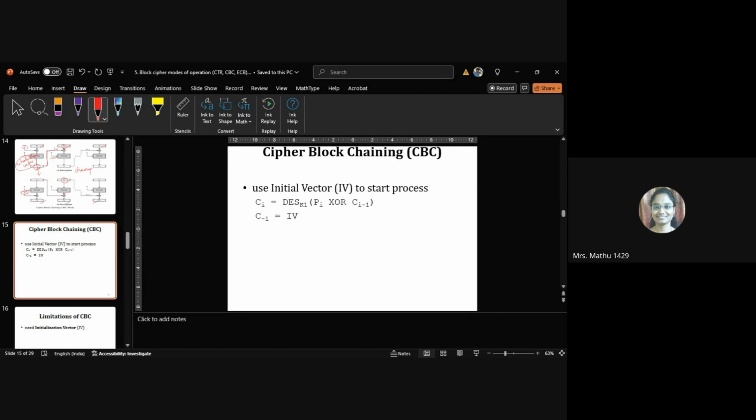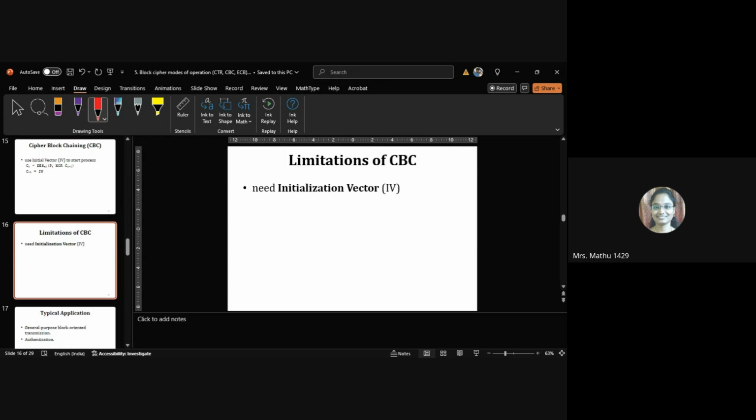So this is how we need to do the decryption process also. The only limitation of this is that we need first the initialization vector, and this initialization vector has to be communicated to the receiver side also. So in this case, to transmit this initialization vector, we can use the ECB mode.